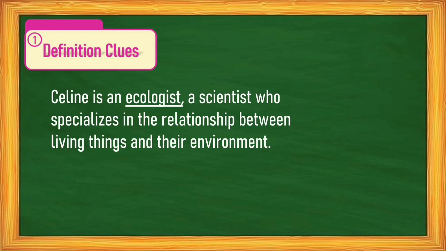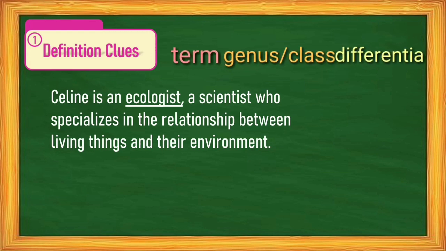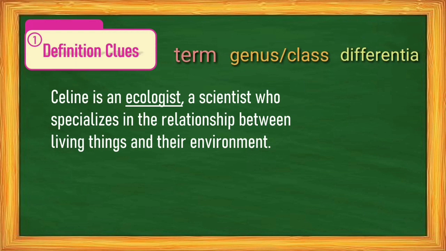Definition clues. Some authors give the meaning of the word. Now let us remember that a definition has three parts. The first part is the term, the second part is the genus or the class, and the third part is the differentia or differentiating characteristics.